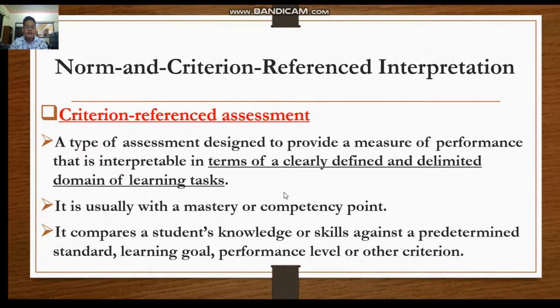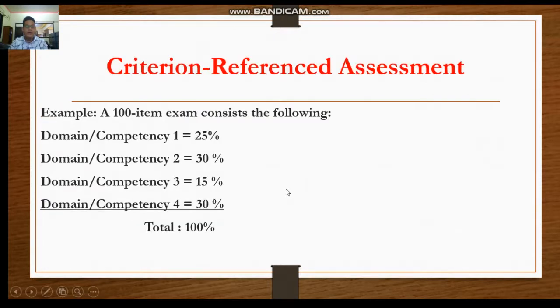Now, let's say, for example, in a criterion reference assessment, we have here a 100 item exam which consists of the following. So we have here the competency or the domain that should be met.